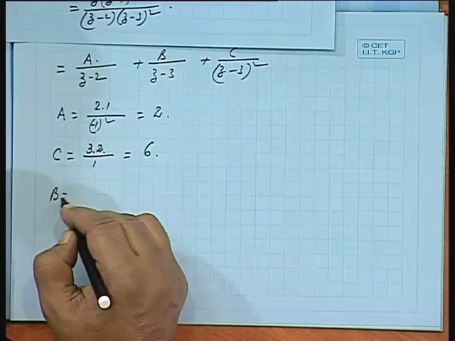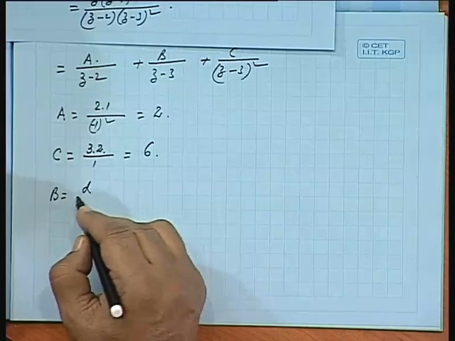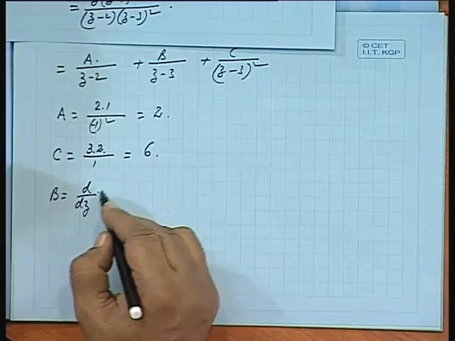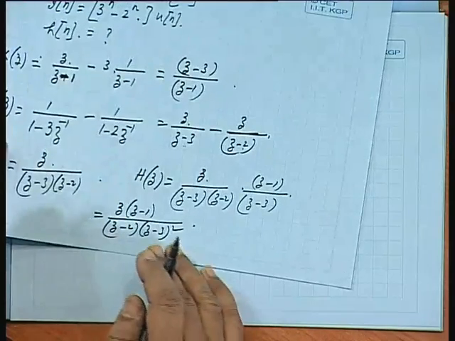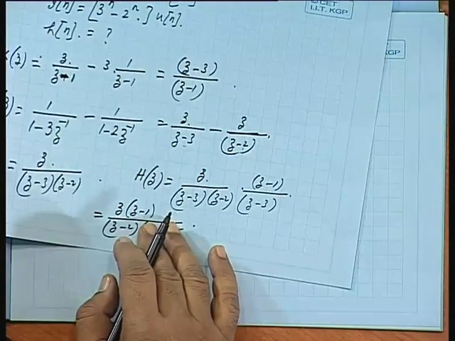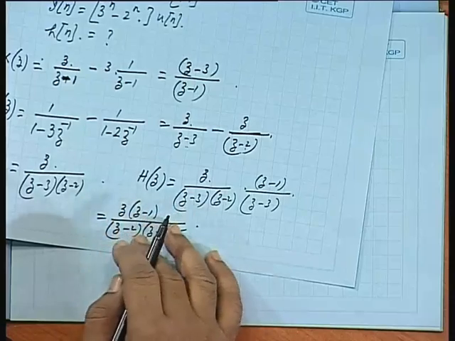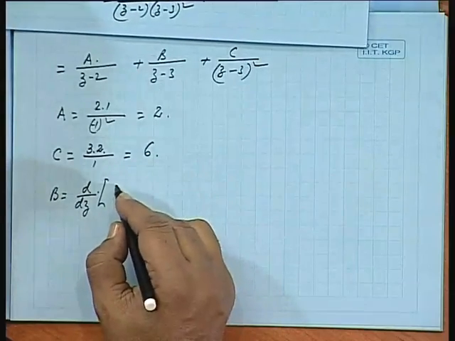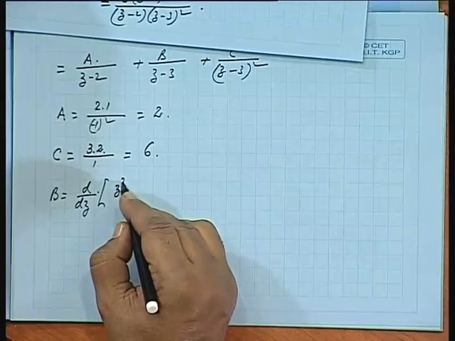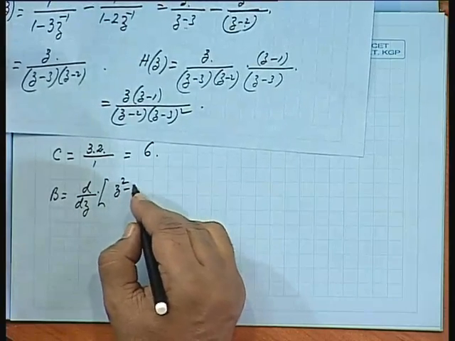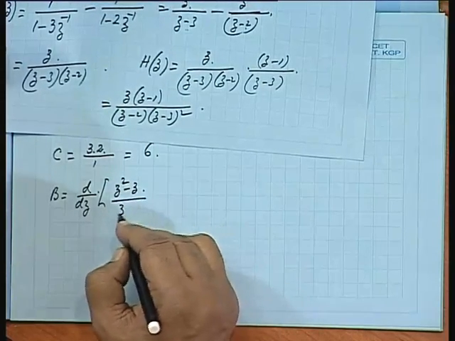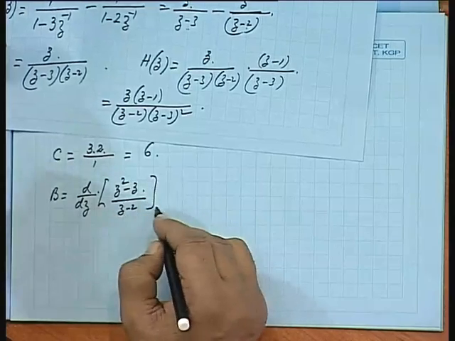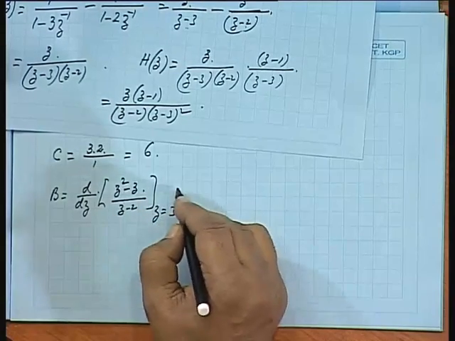And B will be d/dz of, after multiplying by z minus 3 whole square, z into z minus 1 by z minus 2, derivative of that. If I write z square minus z by z minus 2 and derivative of this at z is equal to 3.